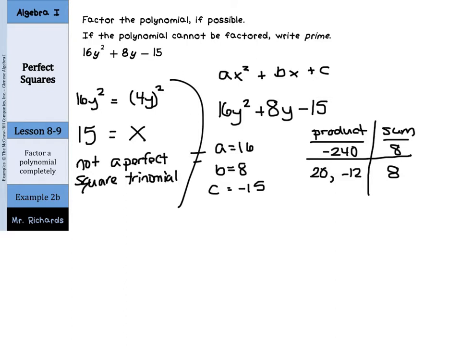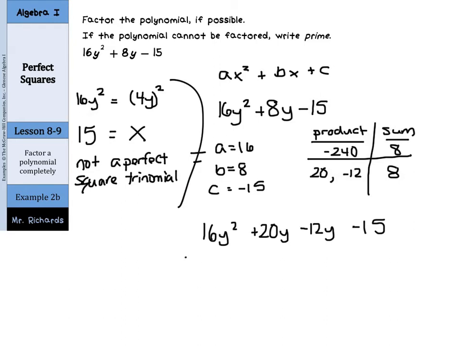So I can rewrite this then as 16y squared plus 20y minus 12y minus 15, and now I can factor by grouping.